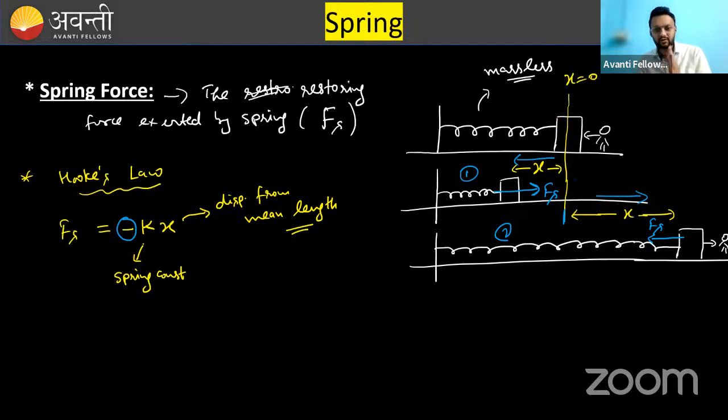We see the displacement from the natural position, and from natural position displacement is towards right, so the force is towards left. So it shows that force is always opposite to the displacement. So this negative sign indicates that Fs is opposite to the displacement. I think these three things are very clear to you.